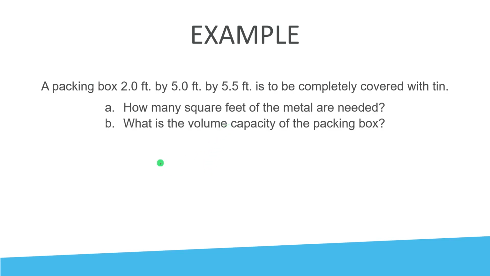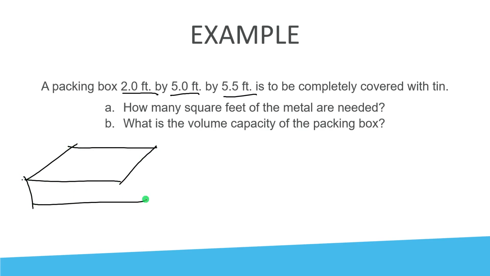Another example, we have a packing box with dimensions 2 feet by 5 feet by 5.5 feet, completely covered with tin. How many square feet of the metal are needed, and what is the volume capacity of the packing box? Okay, so say this is the box.